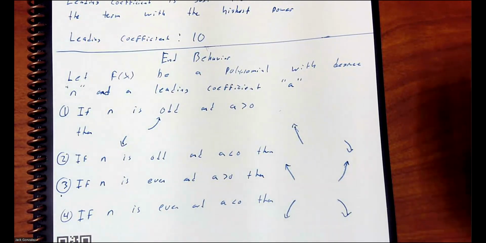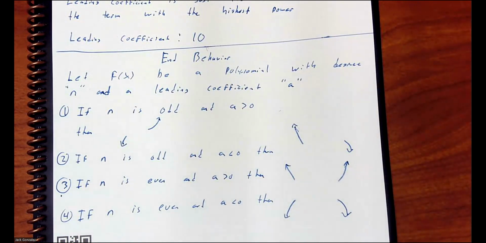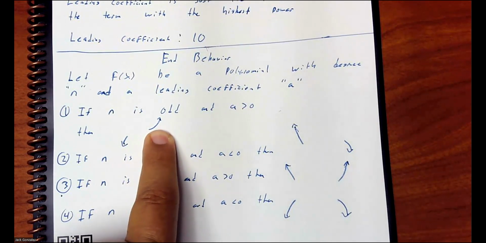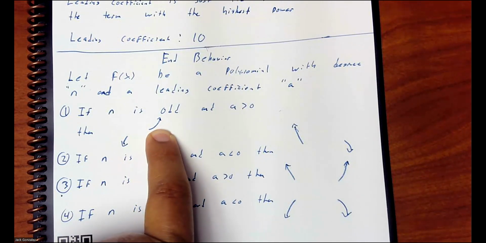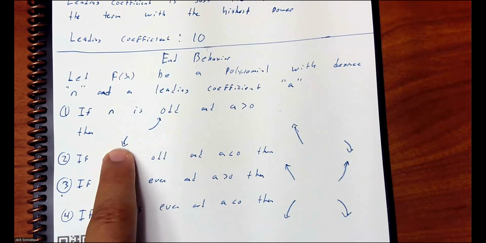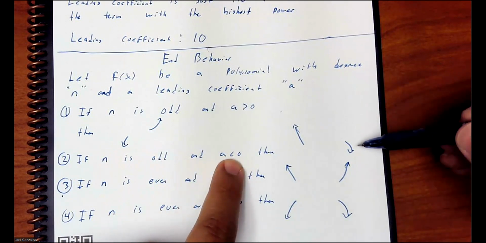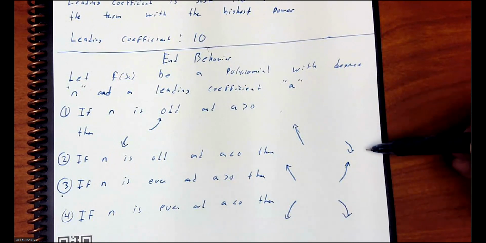For the amount of space, I'm going to add an extra detail for 1 through 4 on the next page. So I'm just going to put 1. Think about it: as x goes to infinity, you see how this is going upward, right? So as x goes to infinity, y goes to infinity. As x goes to negative infinity, so does y. Do you agree with that? Over here it would be the opposite. As x goes to infinity, y shoots down to negative infinity.